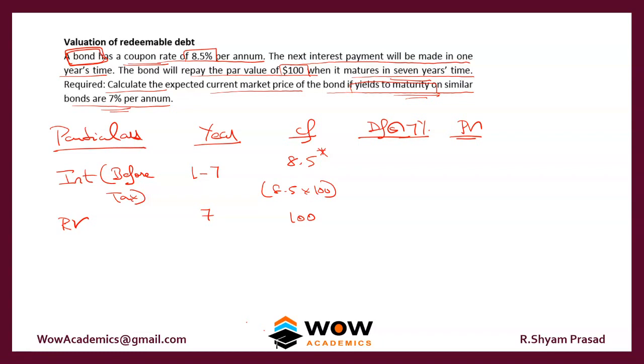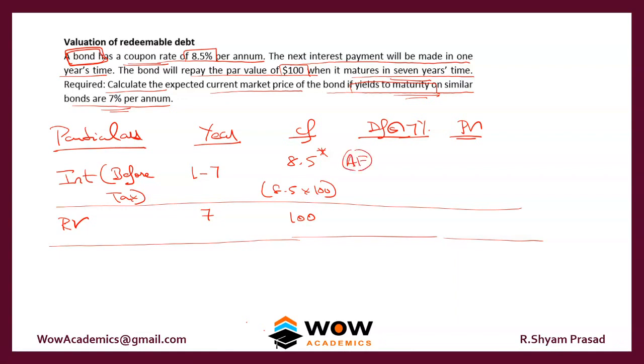So we have got two sets of numbers here. One is for the interest and the other one is for the redemption value. For the interest, we have to look at the annuity factor table, and for the redemption we have to look at the discount factor table.